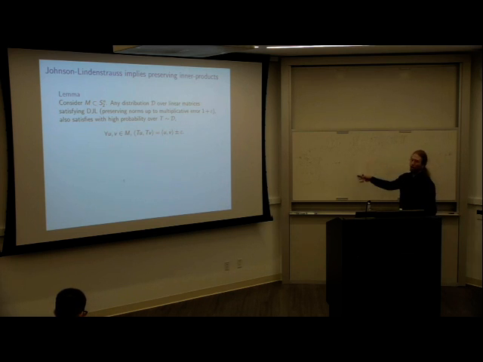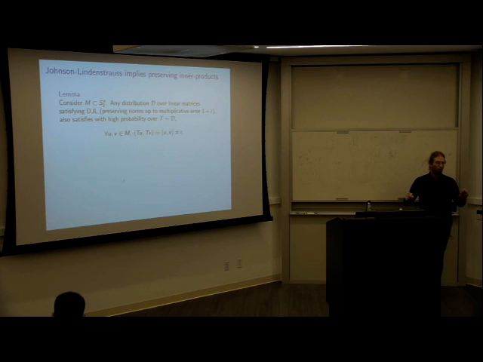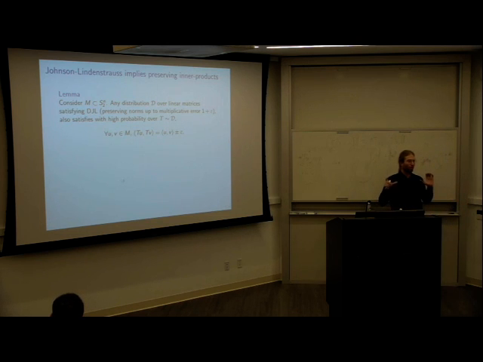So let's say that I do have this alpha-net on my sphere. What I know from Johnson-Lindenstrauss is that as soon as I use a random matrix with a target dimension of k over epsilon squared, and the size of my set M is 10 to the k, as soon as I use a dimension that is logarithmic in the size of this M, I preserve up to 1 plus epsilon all the norms of vectors in my net.